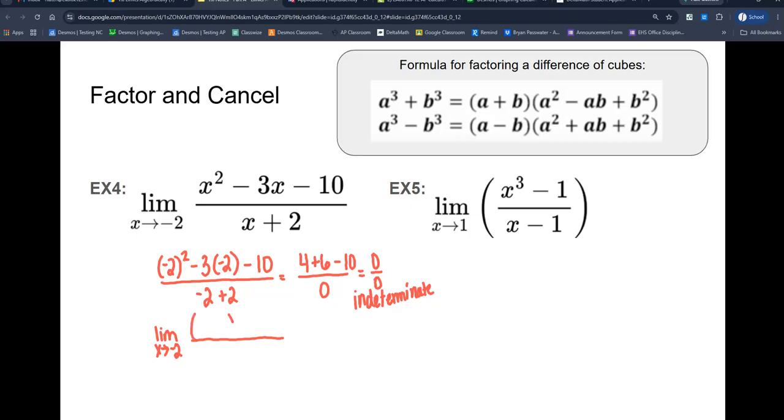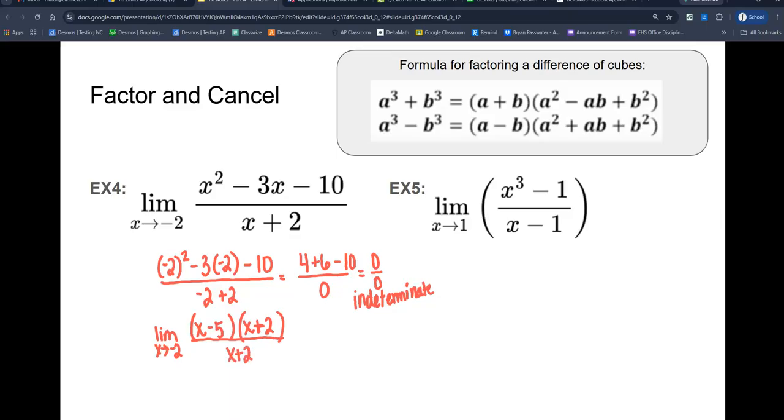But if I'm going to factor x squared minus 3x minus 10, I could use an x and an x. What numbers could I multiply to get -10, but add or subtract to get -3? -5, +2. On the bottom here, I've got x plus 2.